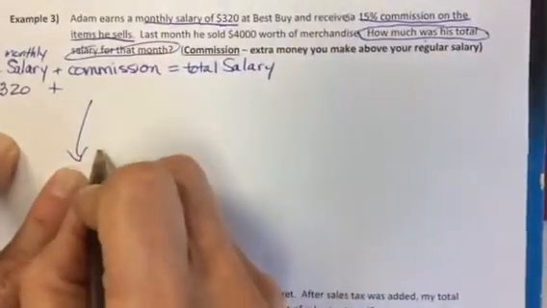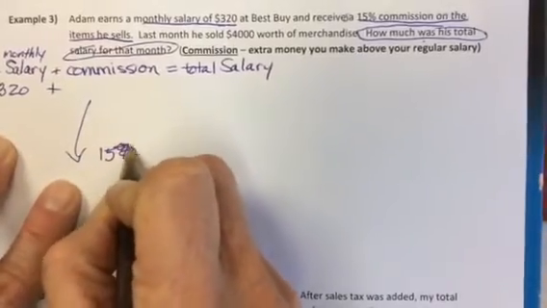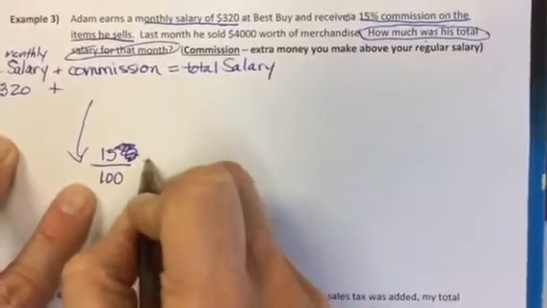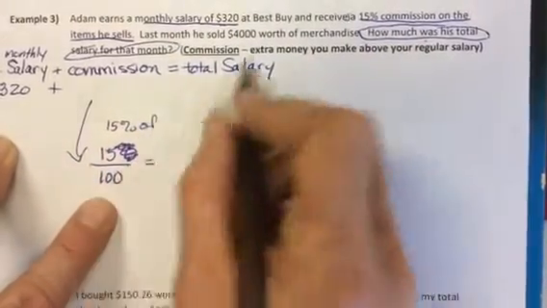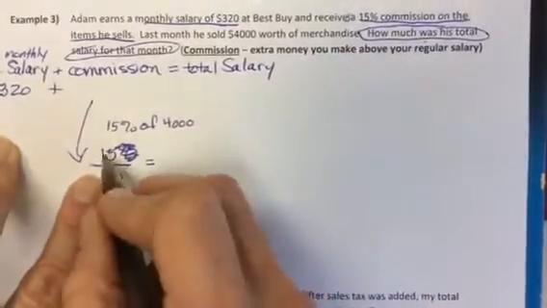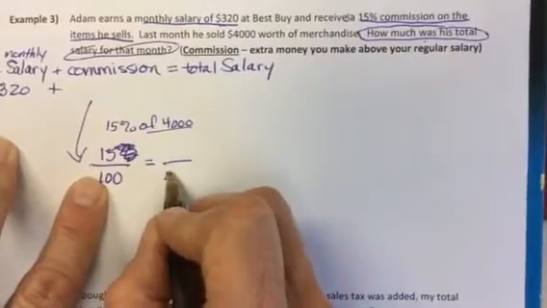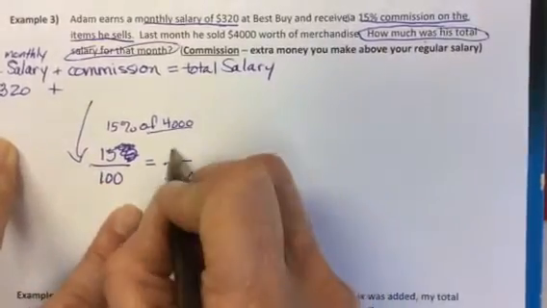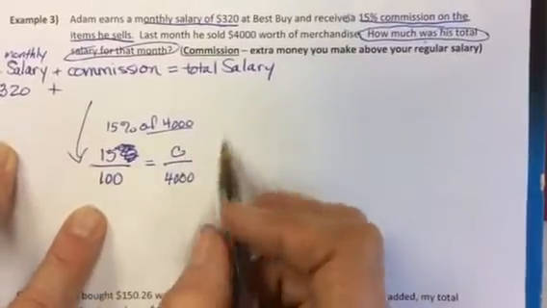The commission is 15%, so we're going to say 15 out of 100, because it's 15% of his sales, which is $4,000. So 15 over 100 equals, since 4,000 comes after of, that's the whole, and let's put C for the part, his commission.